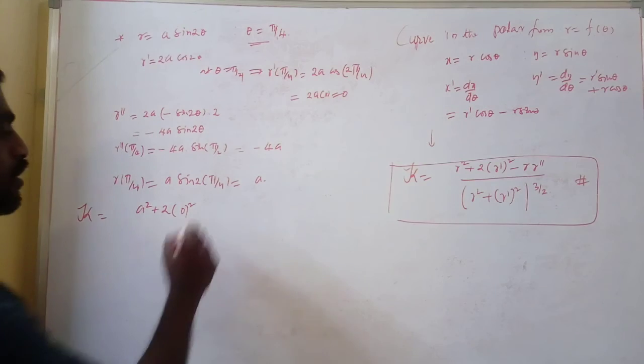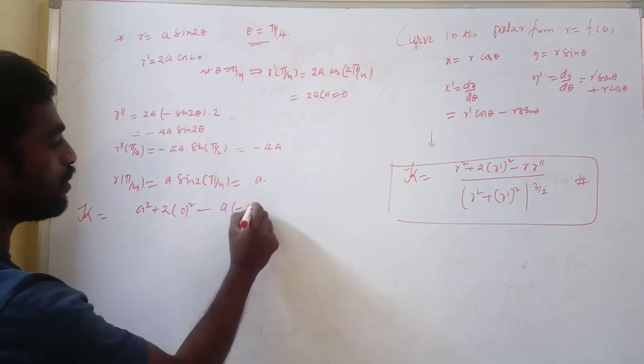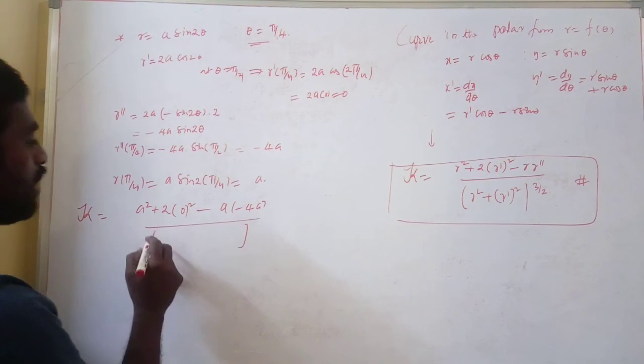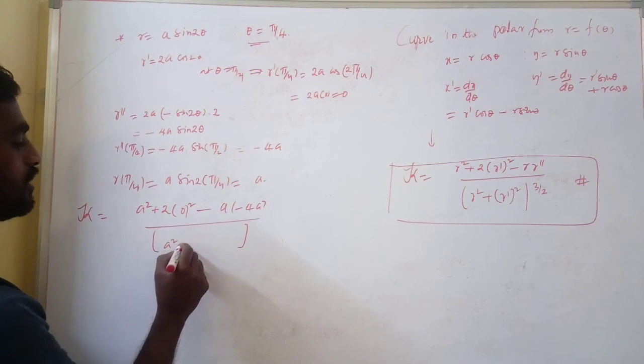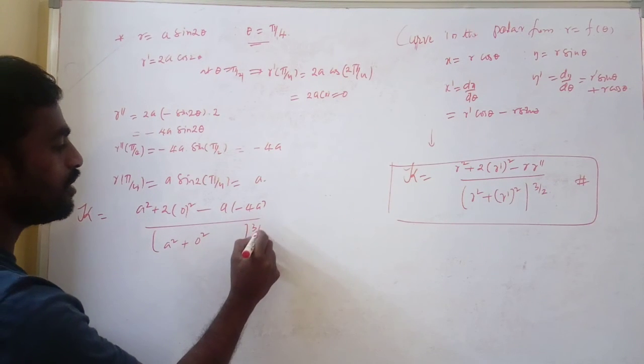Next minus r, which is a, into the r second order derivative, which is minus 4a, divided by r square, a square, plus r dash, 0, square, whole to the power of 3 by 2.